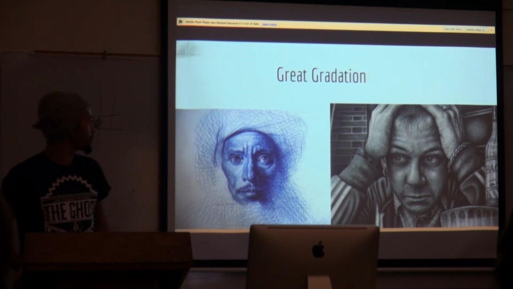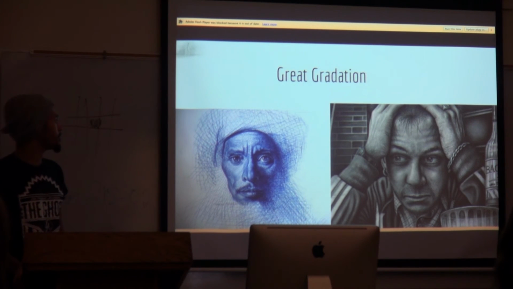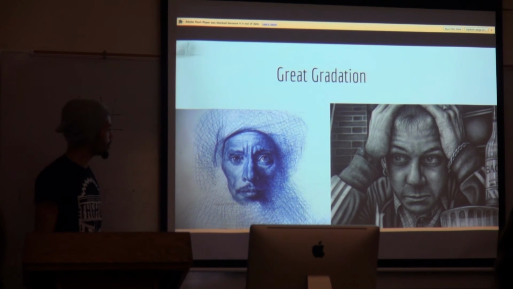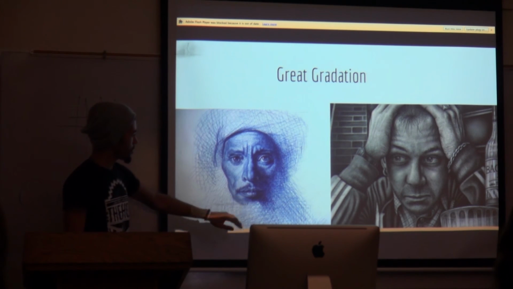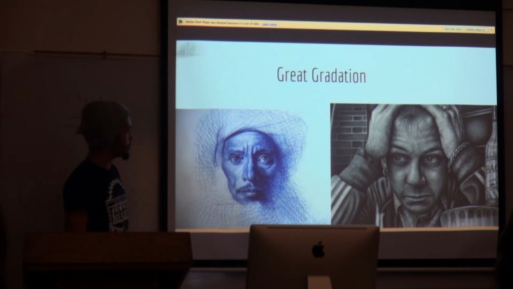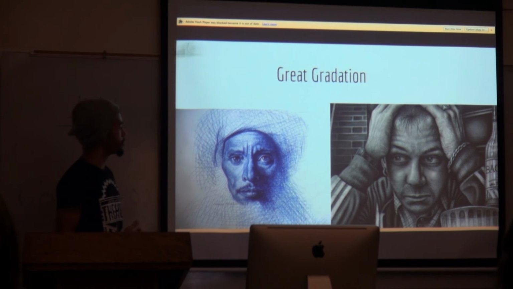And these are some other great examples of gradation. Gradation with pen, you can see how it can actually go into it. How he used cross-hatching all around and was able to manipulate it to actually show value throughout the entire face and all the different shadows that are on there.